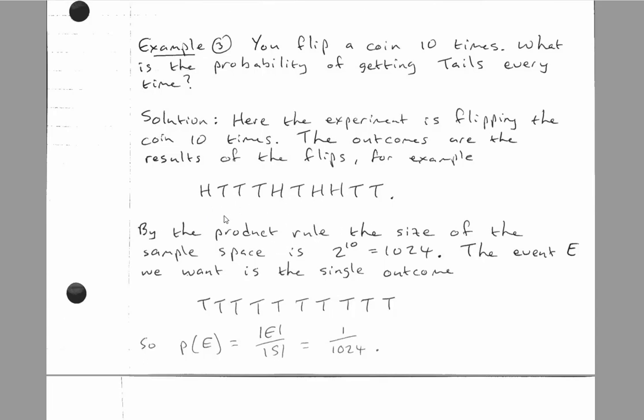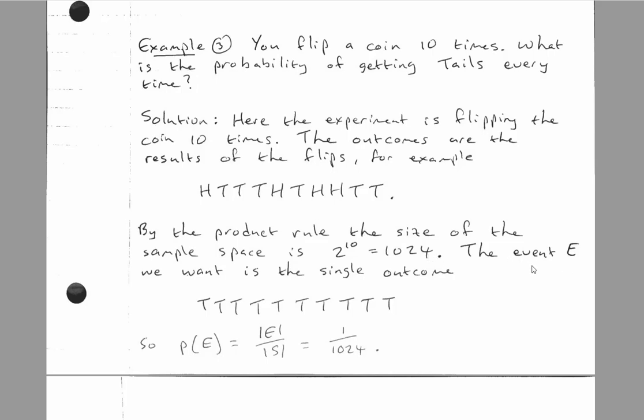Well, by the product rule, think of how many ways the first coin can land: either heads or tails, that's 2 options. 2 ways for the second flip, 2 ways, so by the product rule it's just 2 times 2 times 2, so 2 to the power 10, 1024. So the sample space has this many elements.